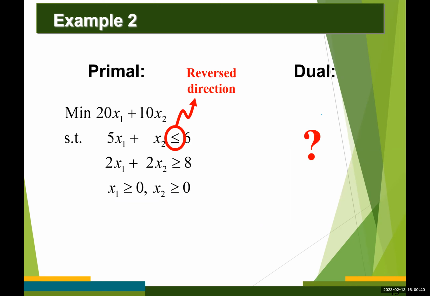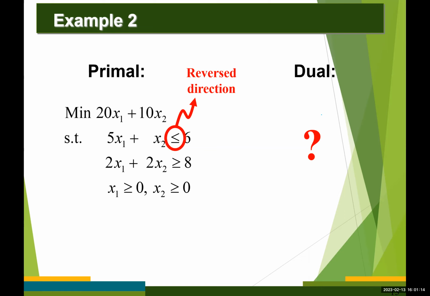Okay, now let's suppose we have an inequality reversed in the primal problem. Then how do we write the dual of this problem? You remember in the symmetric primal dual pair, the minimization problem has a greater than or equal constraint, right?